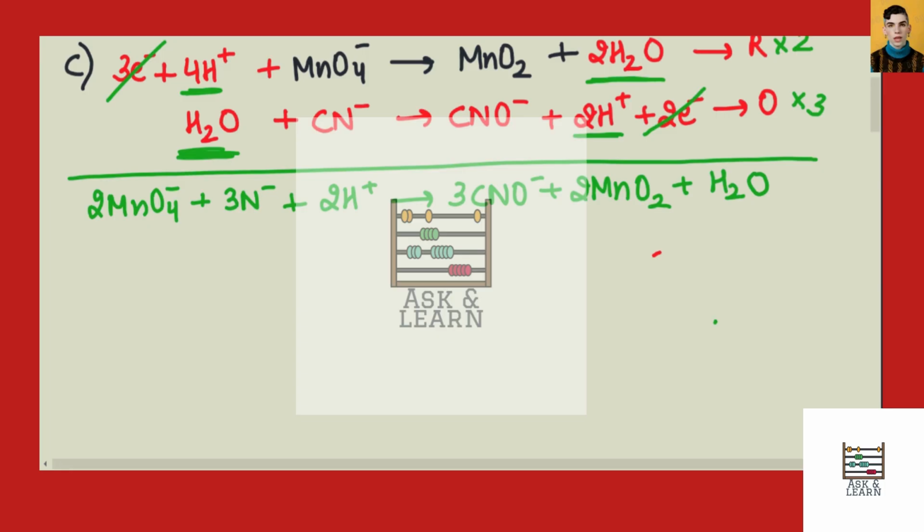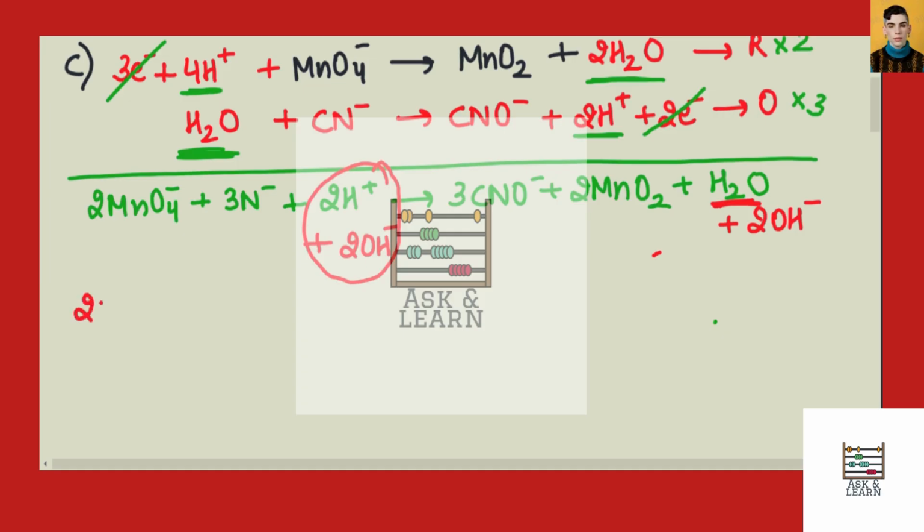Now this reaction occurs in the basic medium, so we have to add the hydroxide as well to balance the H+. So 2OH- here and 2OH- here. Now this overall will become 2 water molecules, and this is 1 water molecule, so this will go on the left hand side, so 2 minus 1 is 1.